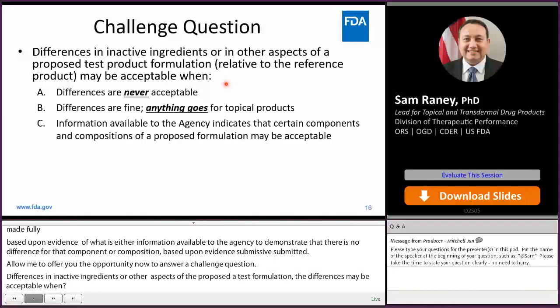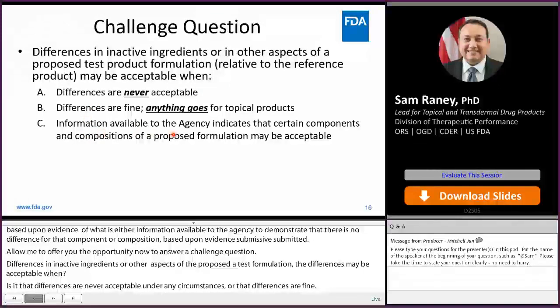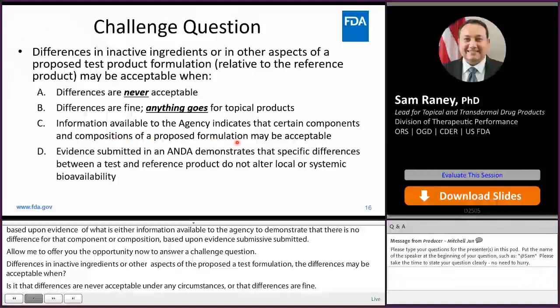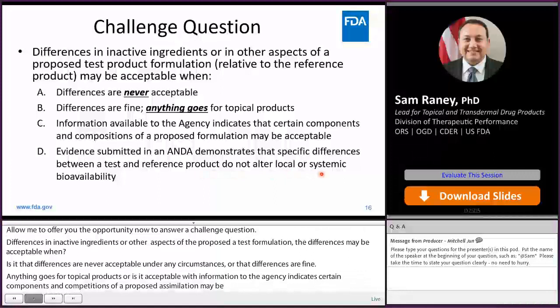Or is it that these differences may be acceptable when information available to the agency indicates that certain components and compositions of a proposed formulation may be acceptable, or that evidence submitted in an ANDA demonstrates that specific differences between a test and reference product do not alter local or systemic bioavailability, or C and D? I'll let you consider that for a moment.